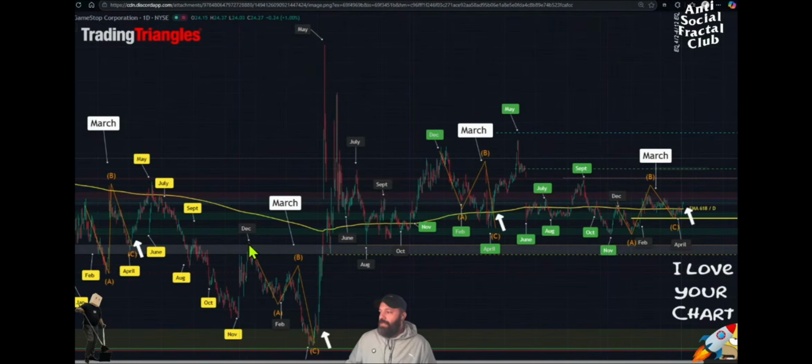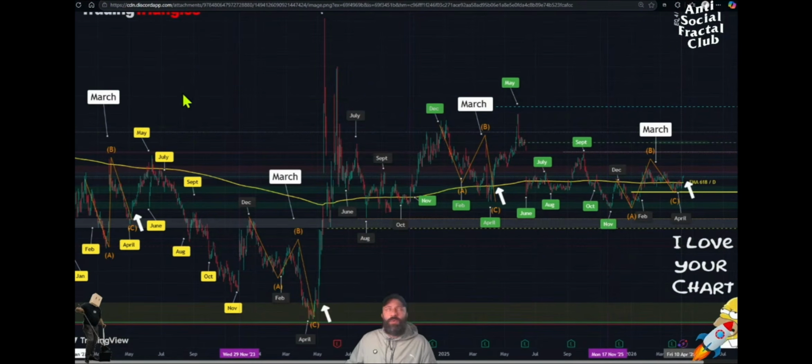Every one of these iterations, not every one of them, the past few iterations, 2025, 2024, 2022, and even 2021, your C top to V bottom have been in a downtrend. That means your March B landmark was lower than your previous.